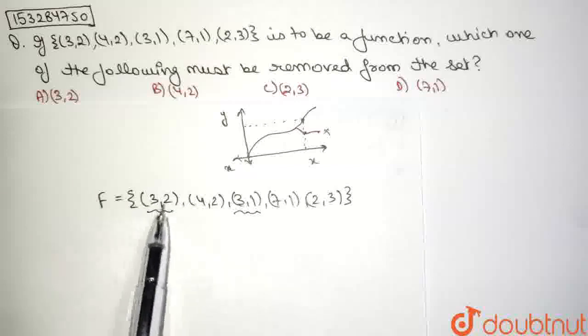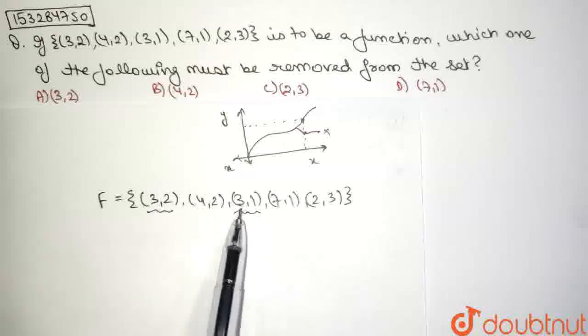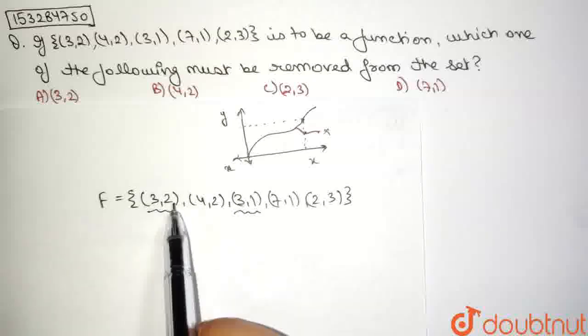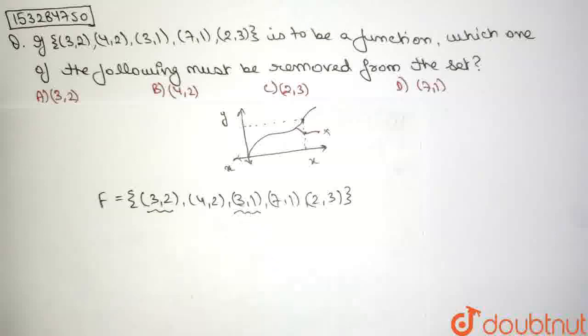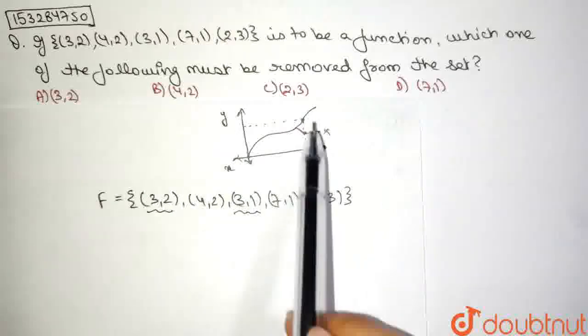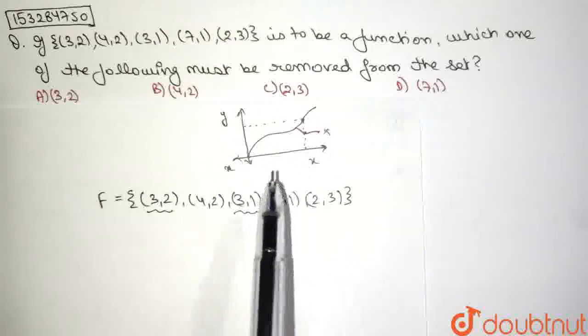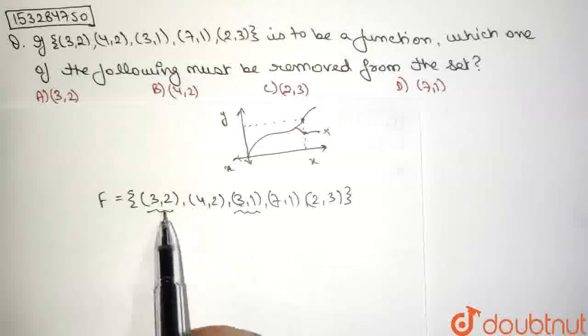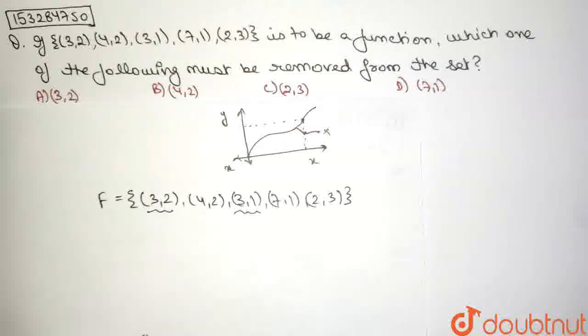That means 3 yields 2 and 3 yields 1. That means for a particular value in the domain of that function, there are two values in the range. Now this is a contradiction to our assumption of functions, wherein one value leads to one output. That means either (3, 2) has to be removed or (3, 1) has to be removed.